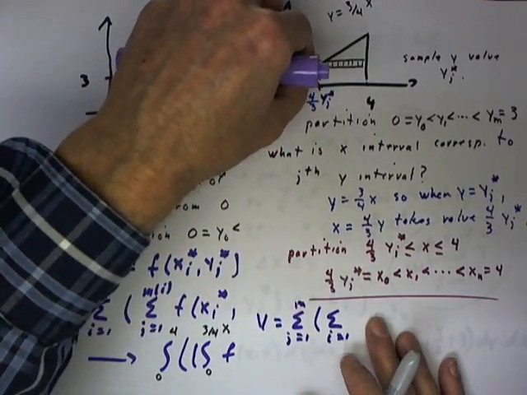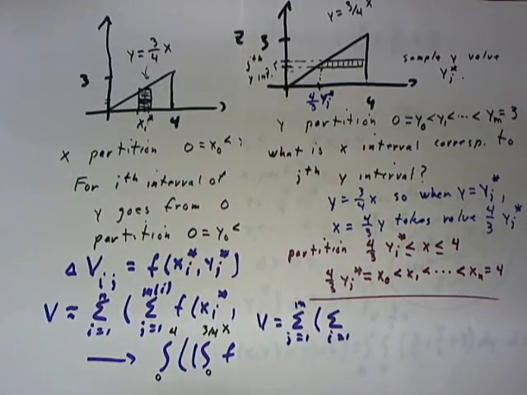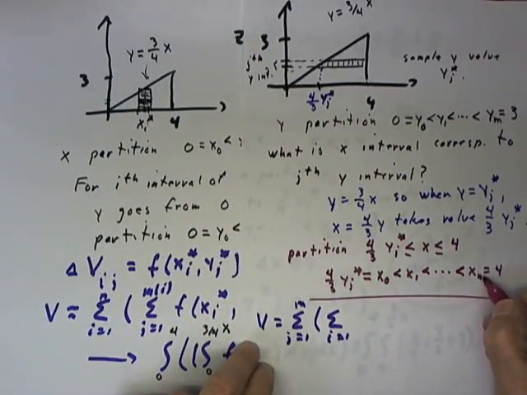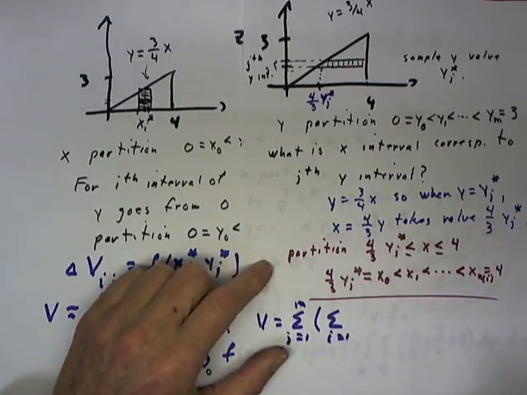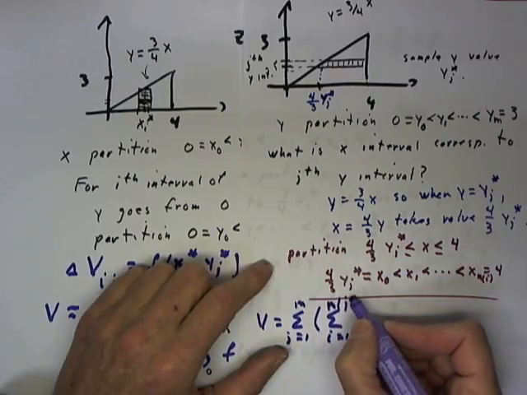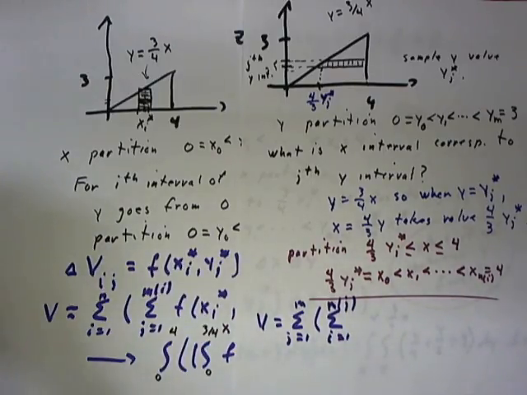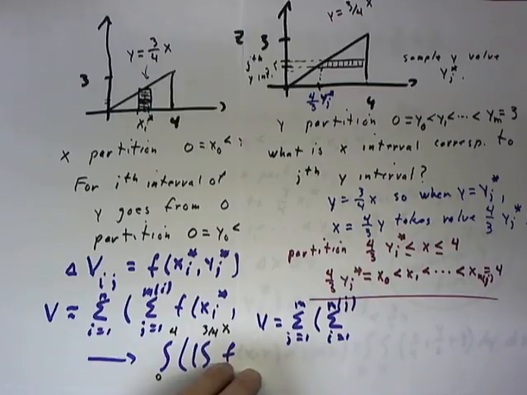We're going to be partitioning strips of different length down here. So our sum is going to go from i equals 1 to n of j.